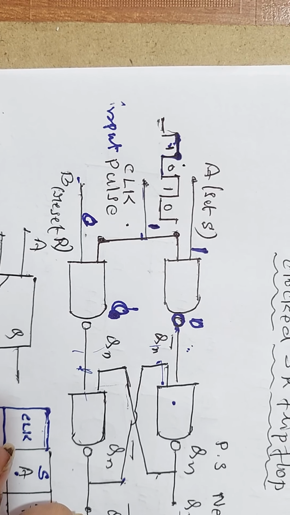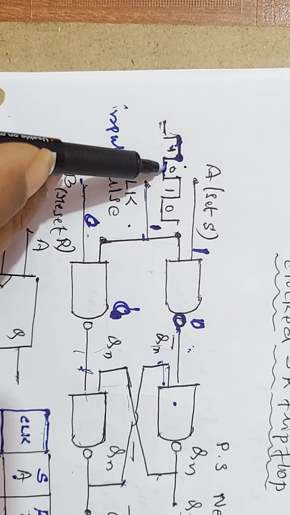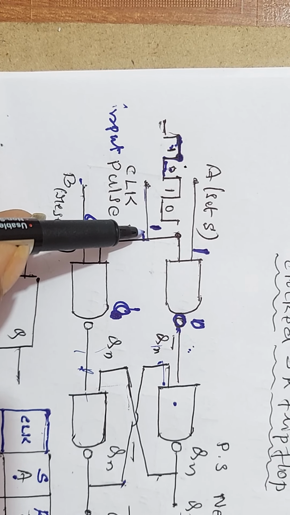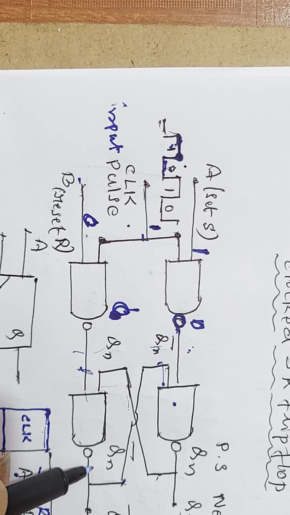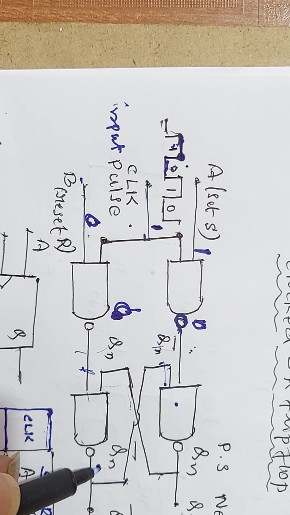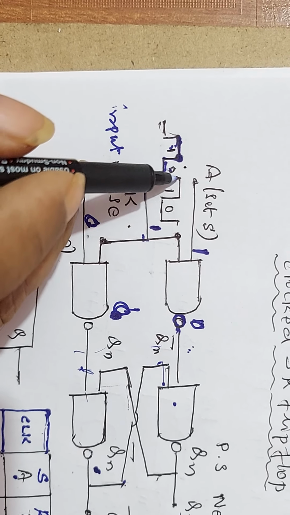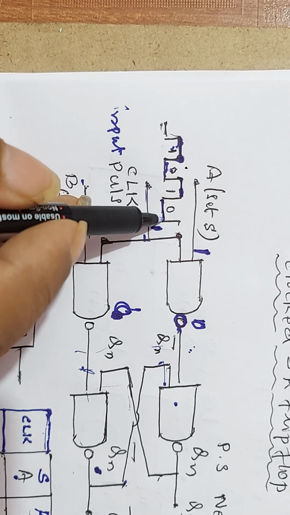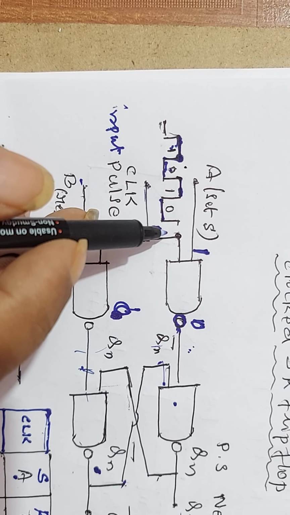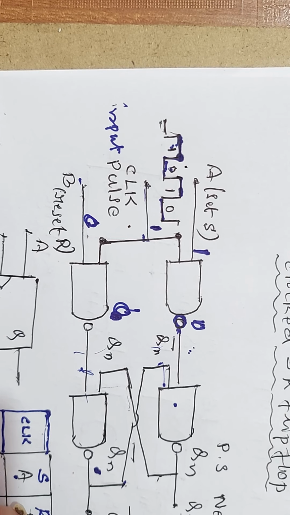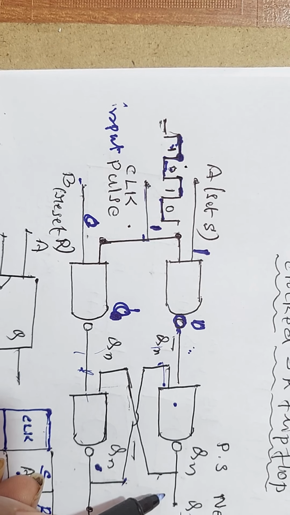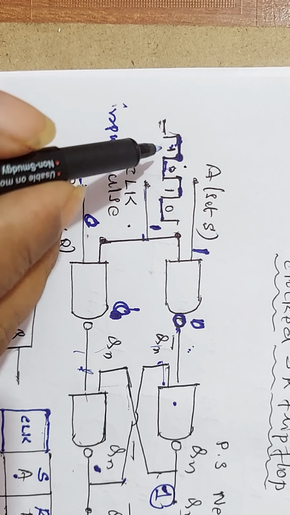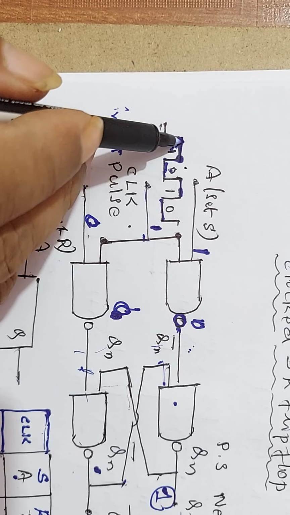Then output is set. After that what happens? Clock becomes 0. Once the clock becomes 0, the output goes to initial condition, previous state. Next, again during this pulse, it goes to set. And during this duration, since clock pulse is 0, it goes to previous state. Therefore, the output remains in a set position 1 with a period equal to the period of this pulse.